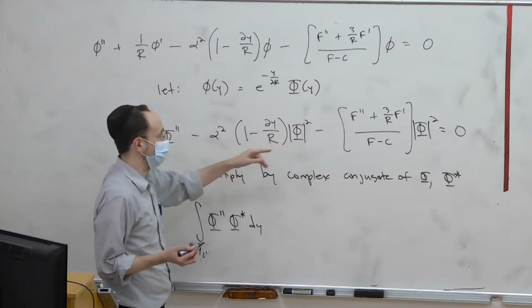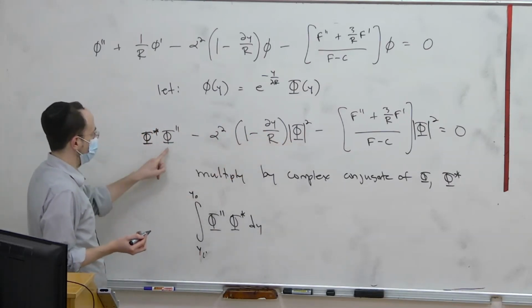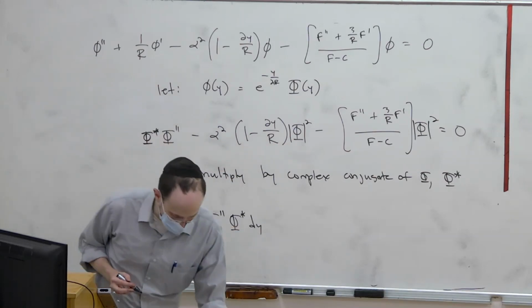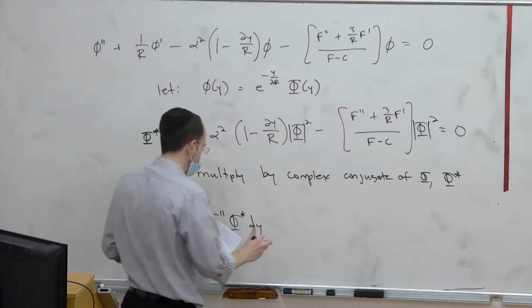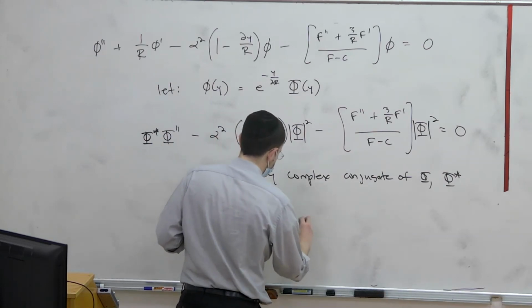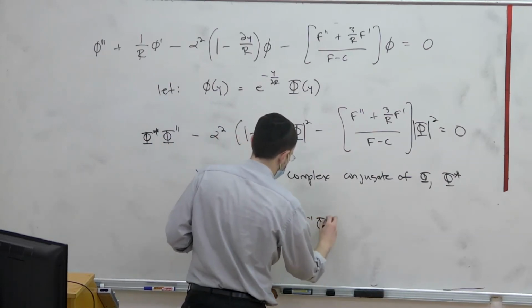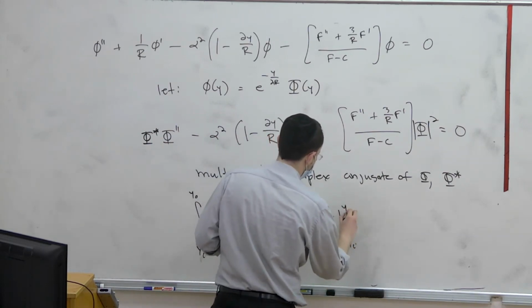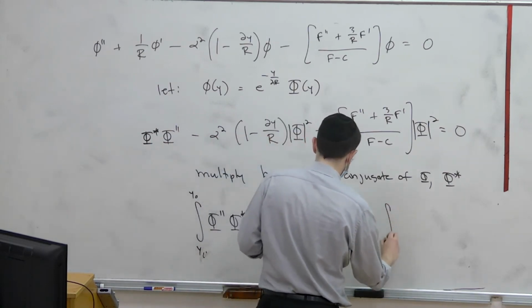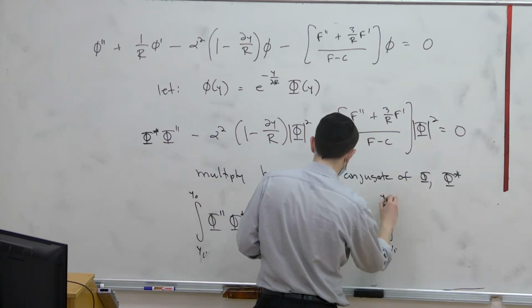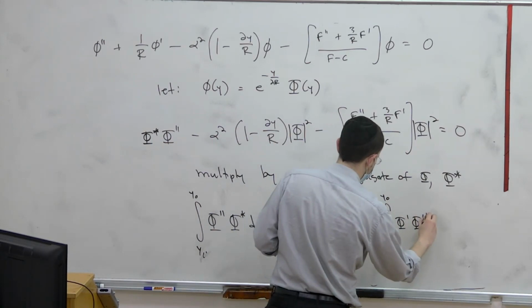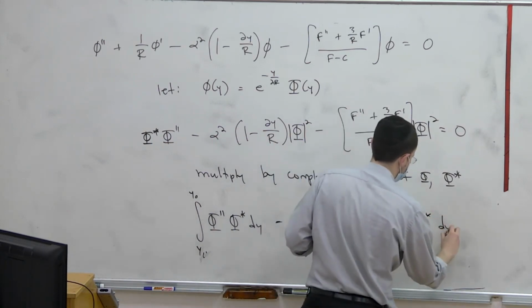So eventually we're going to integrate this whole thing, but let's deal with this equation first. Here we can use integration by parts. And this ends up being phi prime phi complex conjugate evaluated at these two limits, minus the integral between the two limits of phi prime times phi prime complex conjugate dy.